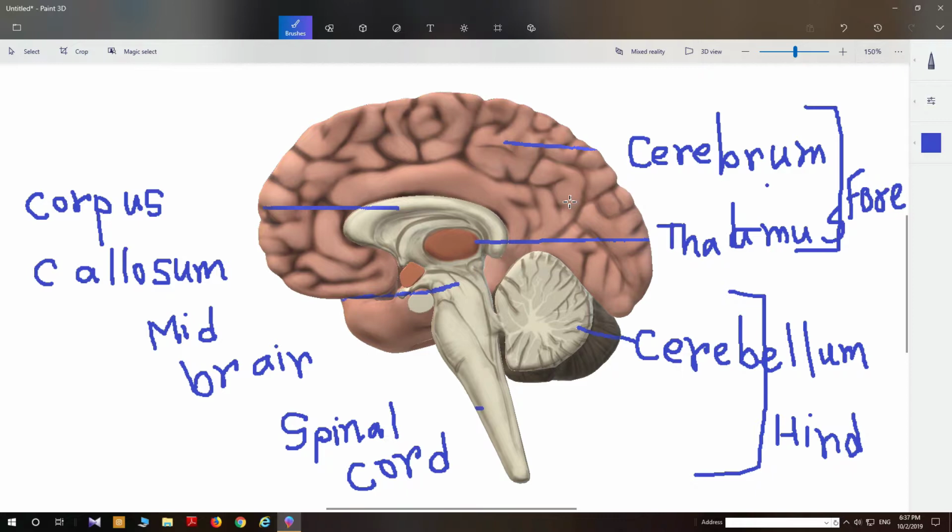The right hemisphere controls the left side of the body, and the left hemisphere controls the right side of the body. This part of the brain has a folded surface. It is covered by a membrane called meninges, and the left lobe of the cerebrum is comparatively well developed.